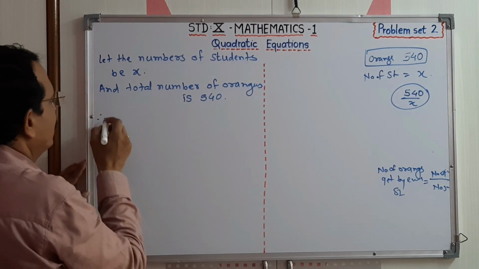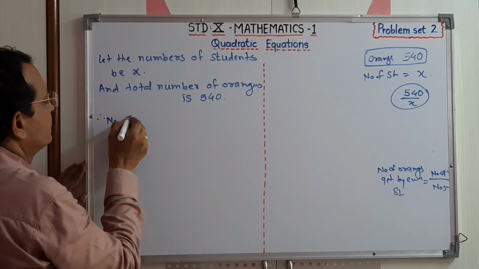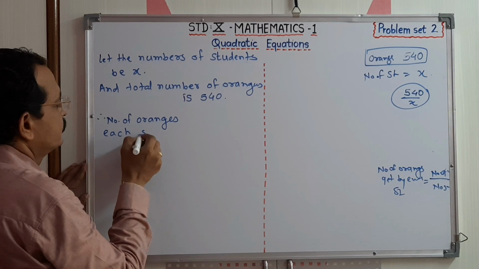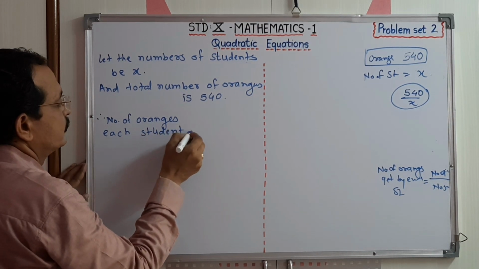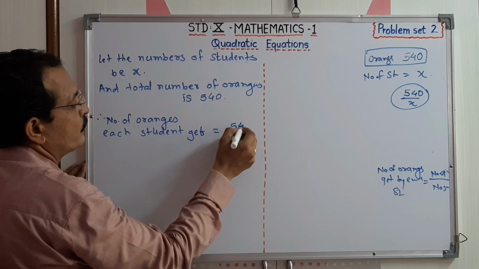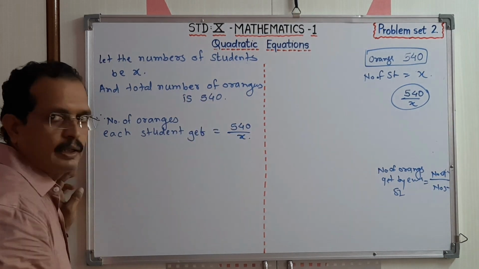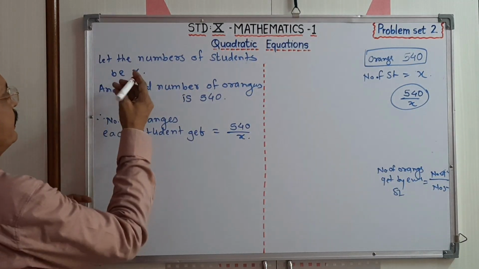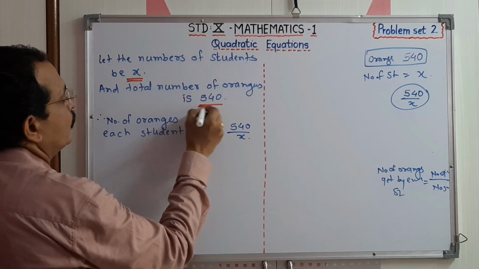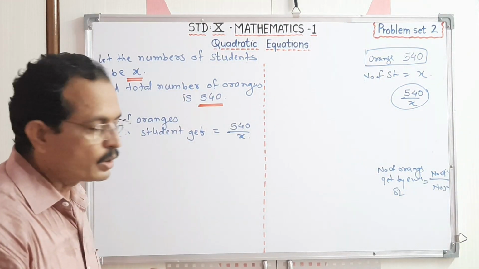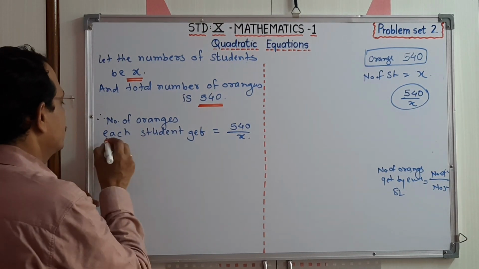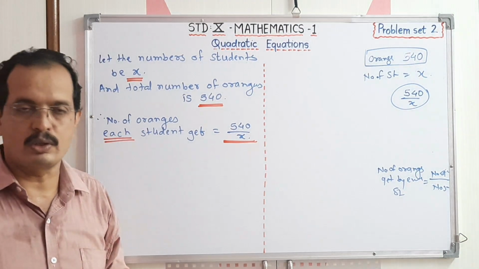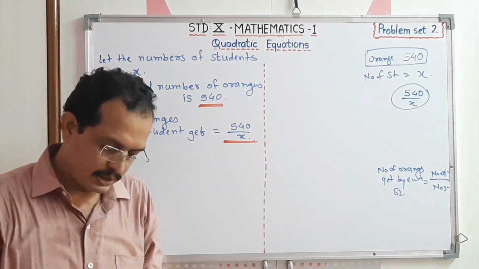Therefore, number of oranges each gets is equal to 540 upon x. That means when there are x students and 540 are the total number of oranges, each student gets 540 upon x oranges. Now see the condition.